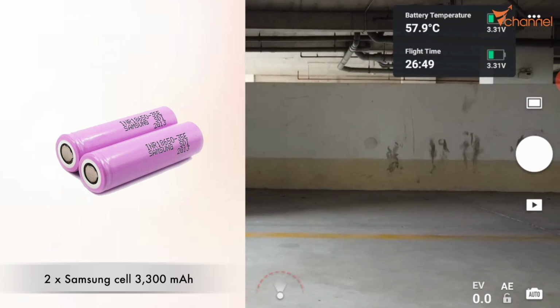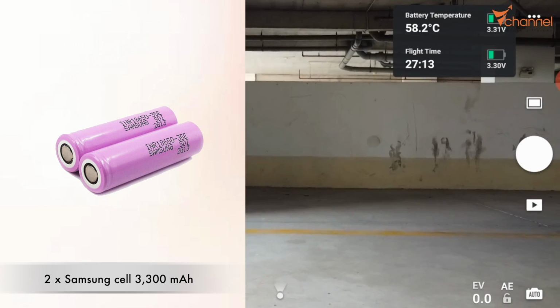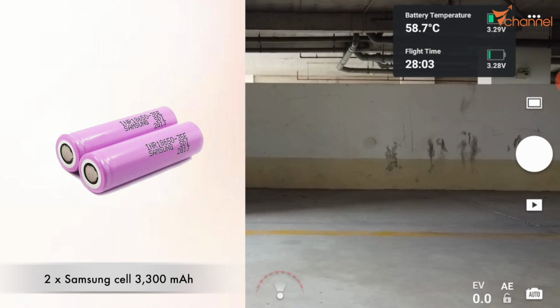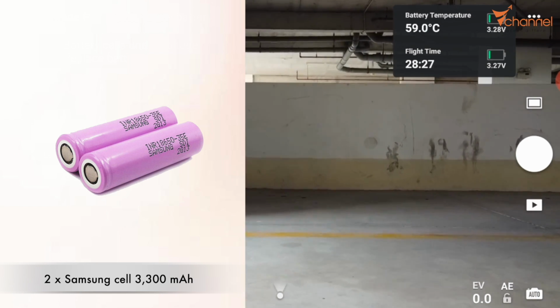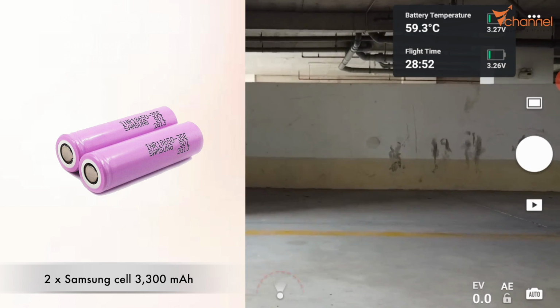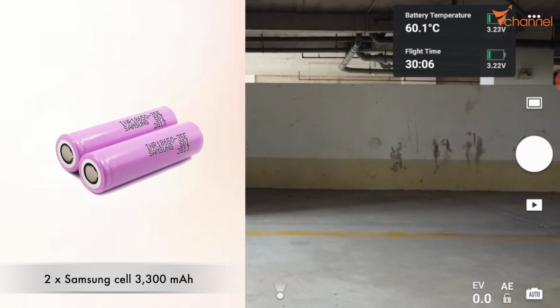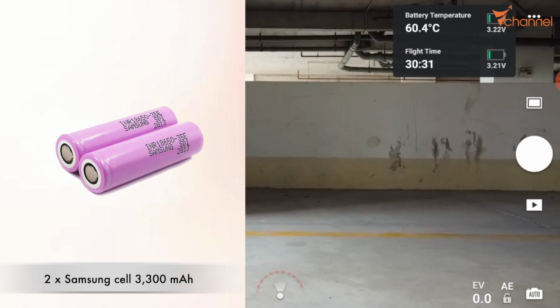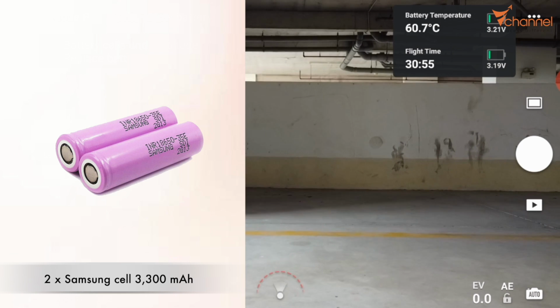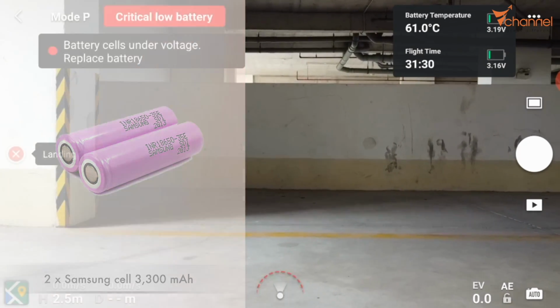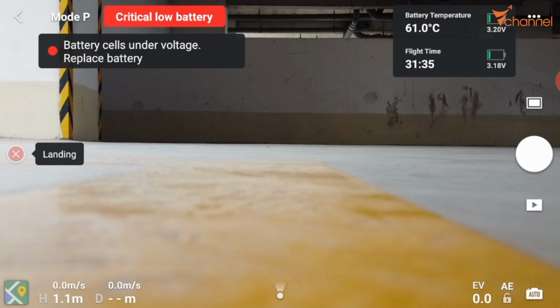Reached 27 minutes. 3.3 volt remaining. Pretty good. So it will pass the 27 minutes of the original cell. 29. 30, 3.2 volt. And 31 minutes 35 seconds.